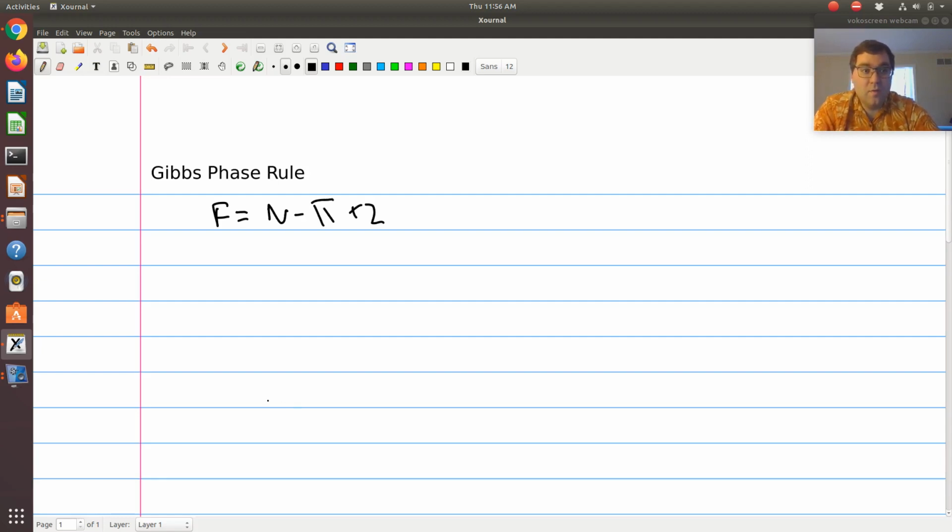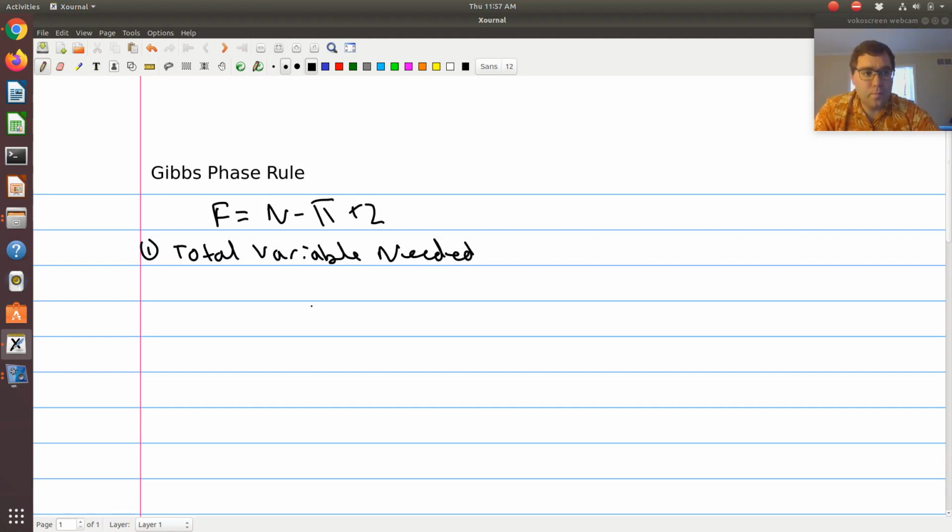Okay, so where this comes from, in step 1, is just thinking about the total variables needed. We're going to have the total variables needed, and then we're going to have our constraint equation, which comes from our isofugacity expressions.